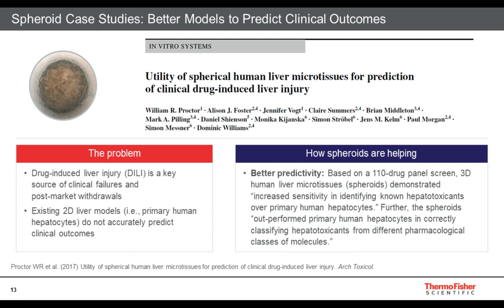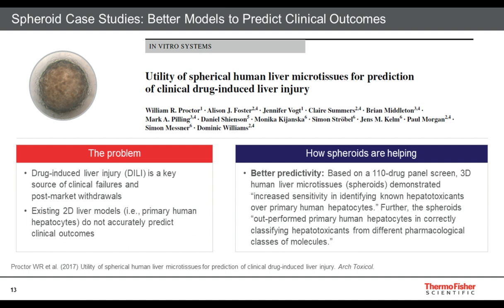But in this case, they're calling their hepatic spheroids liver microtissues. They were looking at the predictivity of these cultures to identify known hepatic toxicants that are known to induce drug-induced liver injury, DILI.